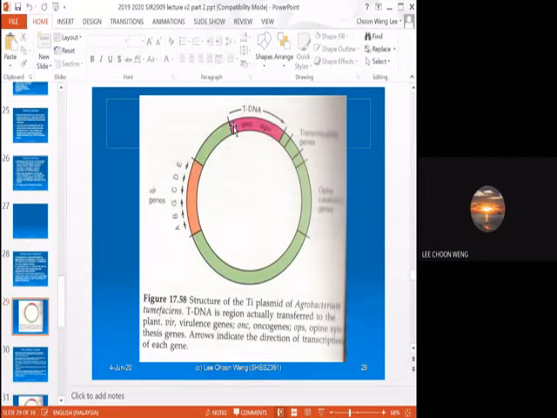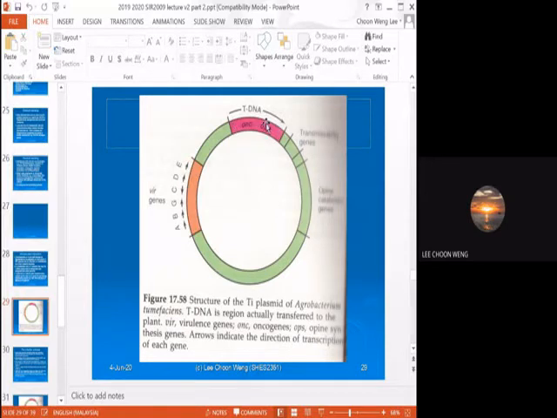So this is the portion that gets integrated into the plant. So the tDNA tricks the plant into producing opines, which can only be used by the bacteria. Okay, so this is an example of a bacteria tricking the host system into producing food for the bacteria.